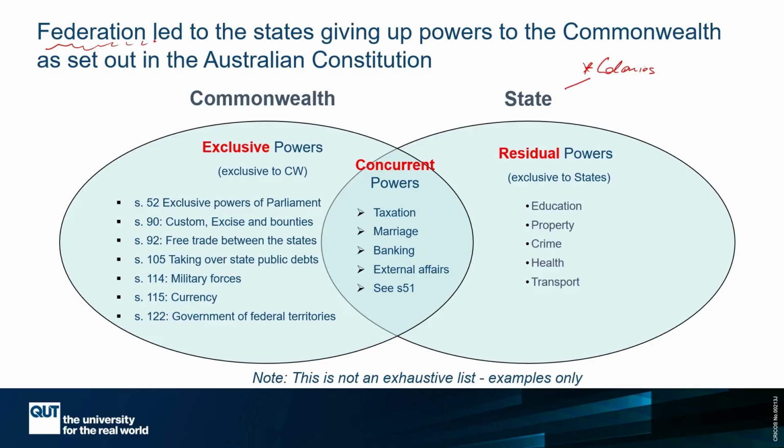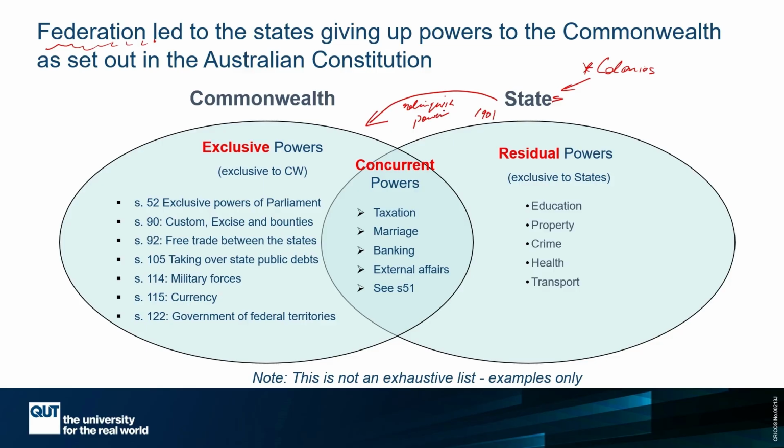The colonies turn into states, and those states give up some of their powers. They relinquish power. So they decide about things that they think would be better handled on a national level versus things that should be handled on a state level back in 1901, and preceding that when the negotiations took place.